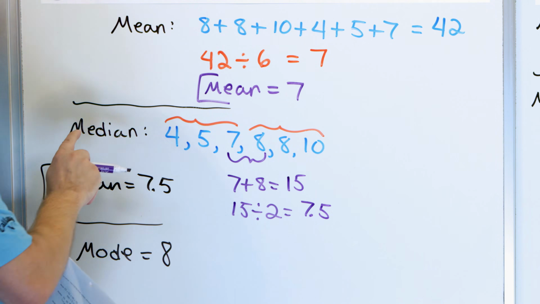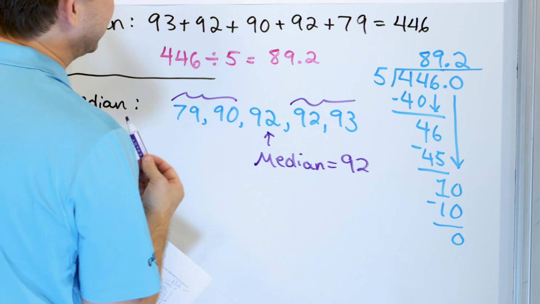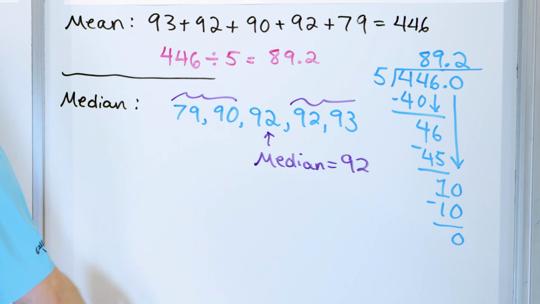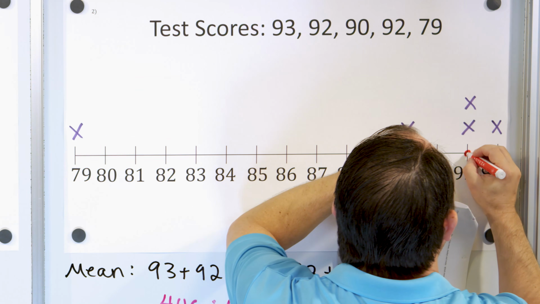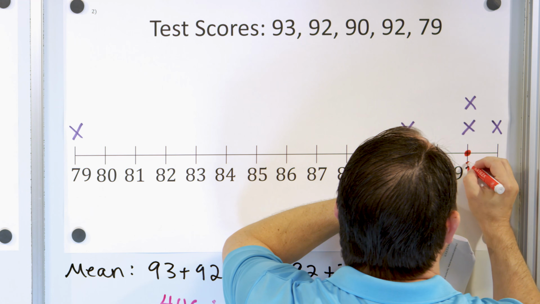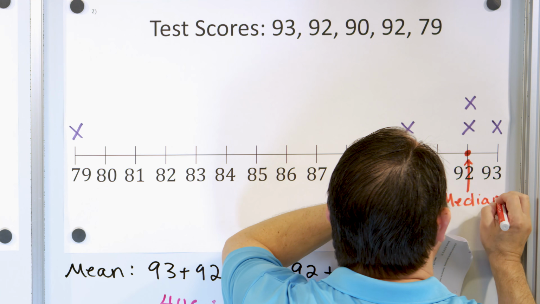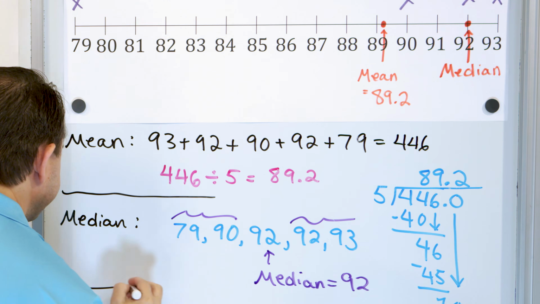That's how we find the median when we have an even number of points. But when we have an odd number of points, we just read the median straight out because it's the middle value. So the median is equal to 92. I'm going to put here that this is the median.